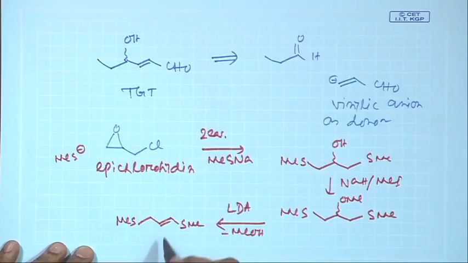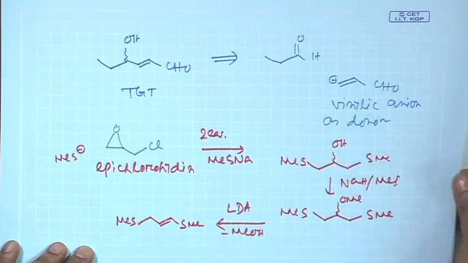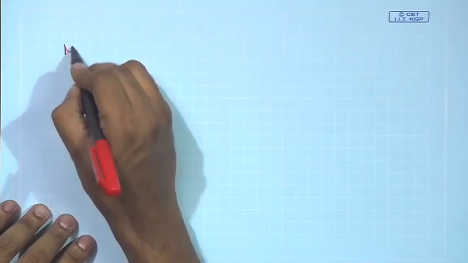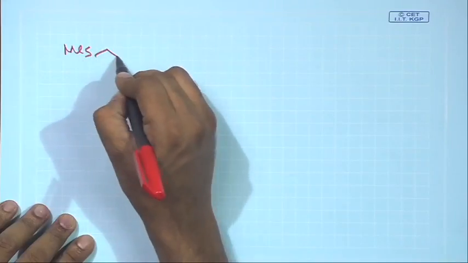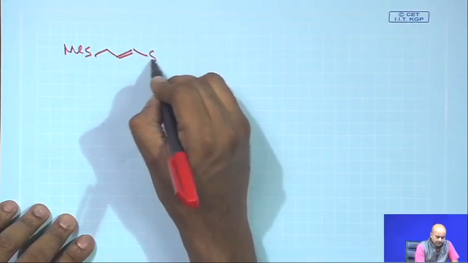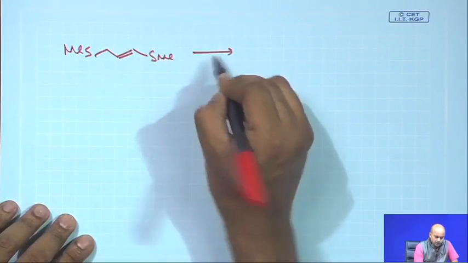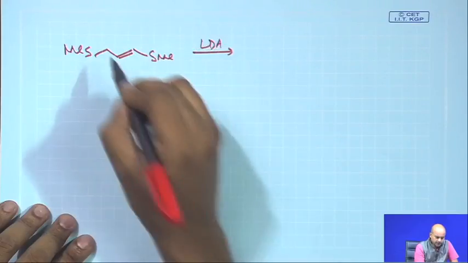Here, if you react this allyl vinyl sulfide with one equivalent of base, then you see how this reaction takes place.